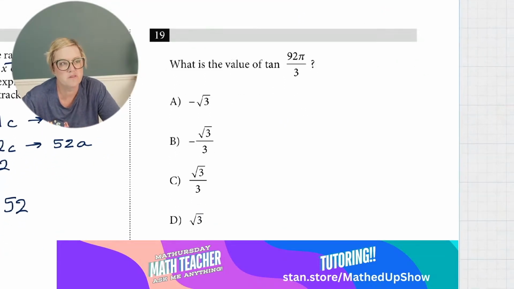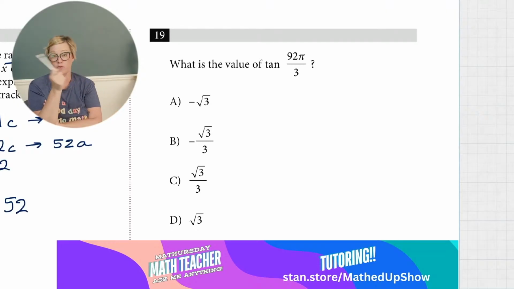It's asking you for the value of tangent of 92 pi over 3. And remember, on the SAT, you do not get a unit circle. But I'm going to show you guys how to do this using the unit circle, special right triangles, all of that. Then I'm going to show you how to do it without knowing what tangent is.